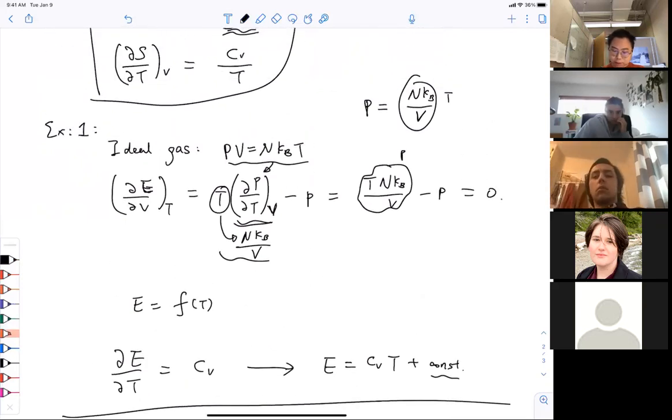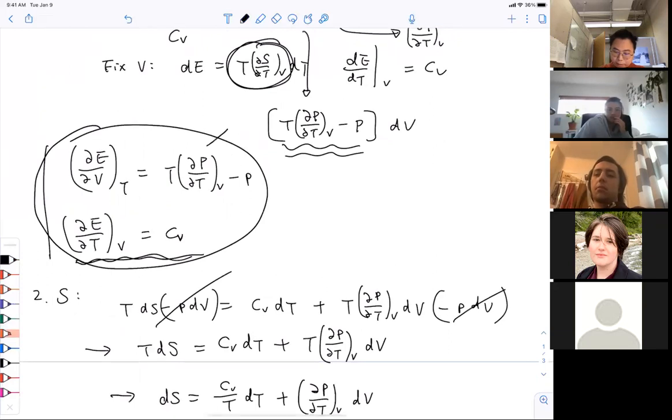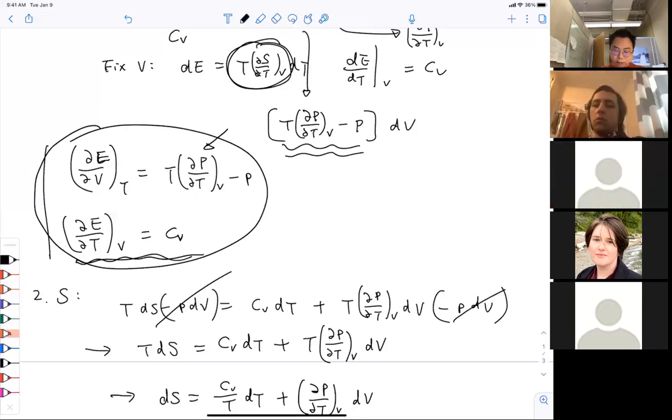Once we are given the state equation, we can determine the volume dependence of this energy. Once we specify the heat capacity, we can determine the temperature dependence of the energy.